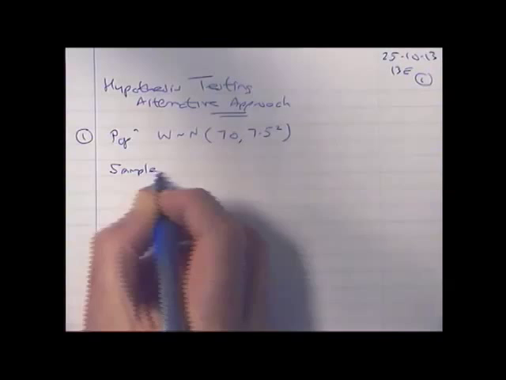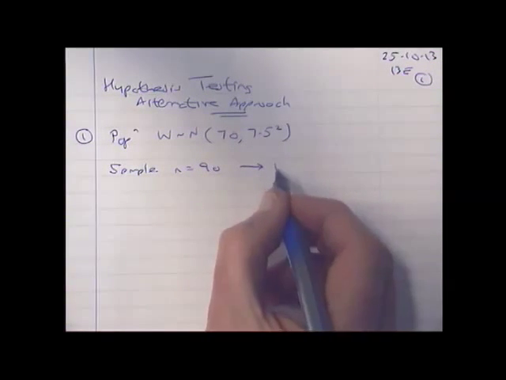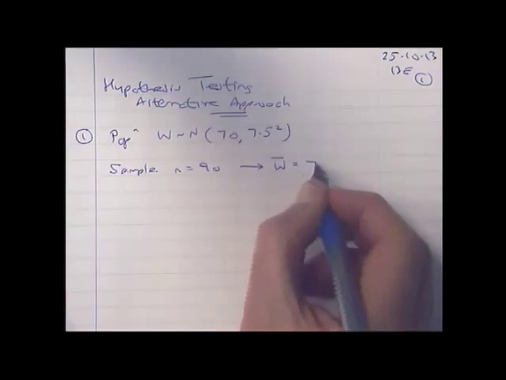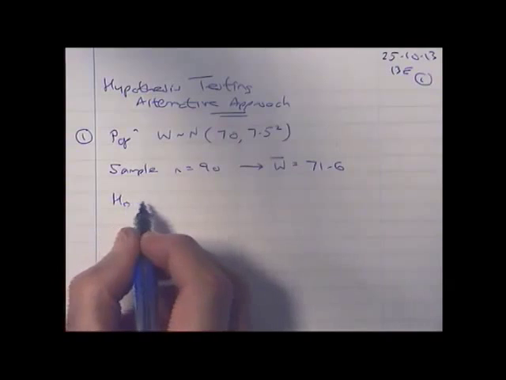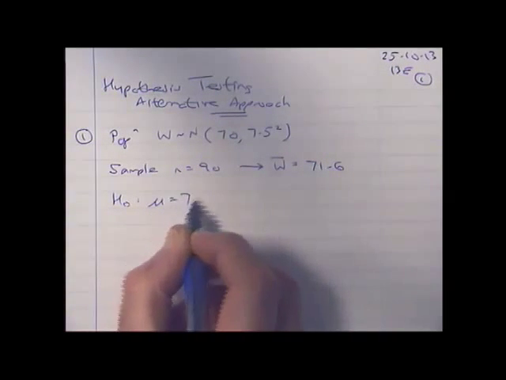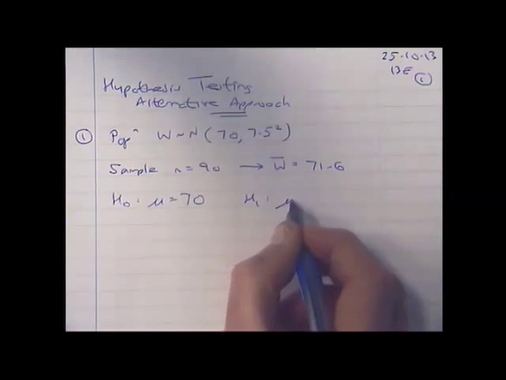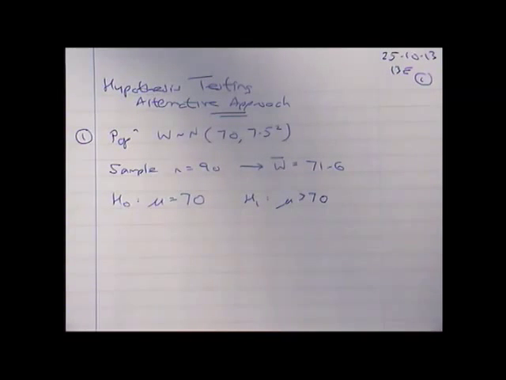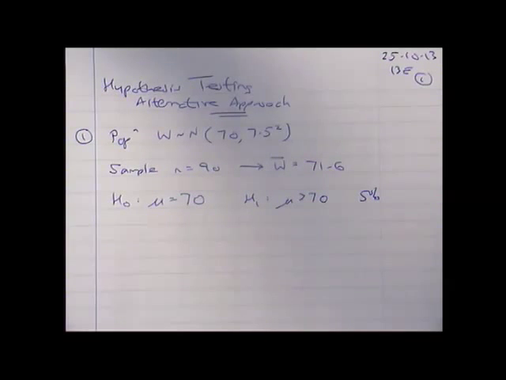We have taken a sample of size 90, and from that sample, the mean weight of our sample was 71.6 kilograms, and we were testing a null hypothesis that mu was still equal to 70 as always, against an alternative hypothesis that the weight had increased and was now greater than 70, and we were doing it at 5%. So that's a summary of example 1 from before, and I suggest you just write those summary details down now.